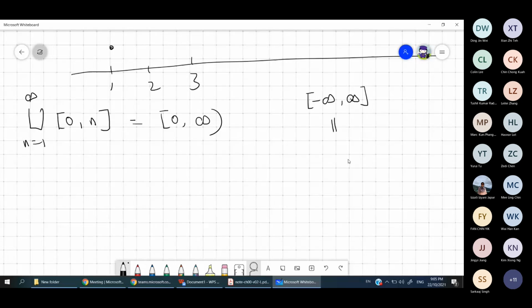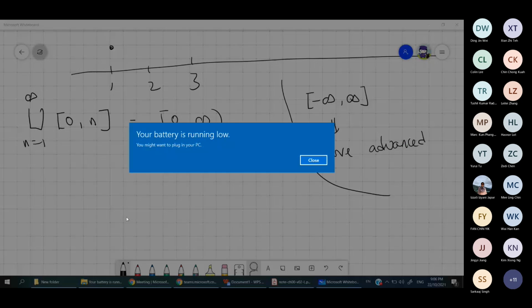But this is a more advanced concept. I can't remember whether we discuss this in chapter 4 or 5. Let's suppose up to here at this stage, we are living in our real world, our universe. We wouldn't cross the border of the universe, at least in this chapter 0.